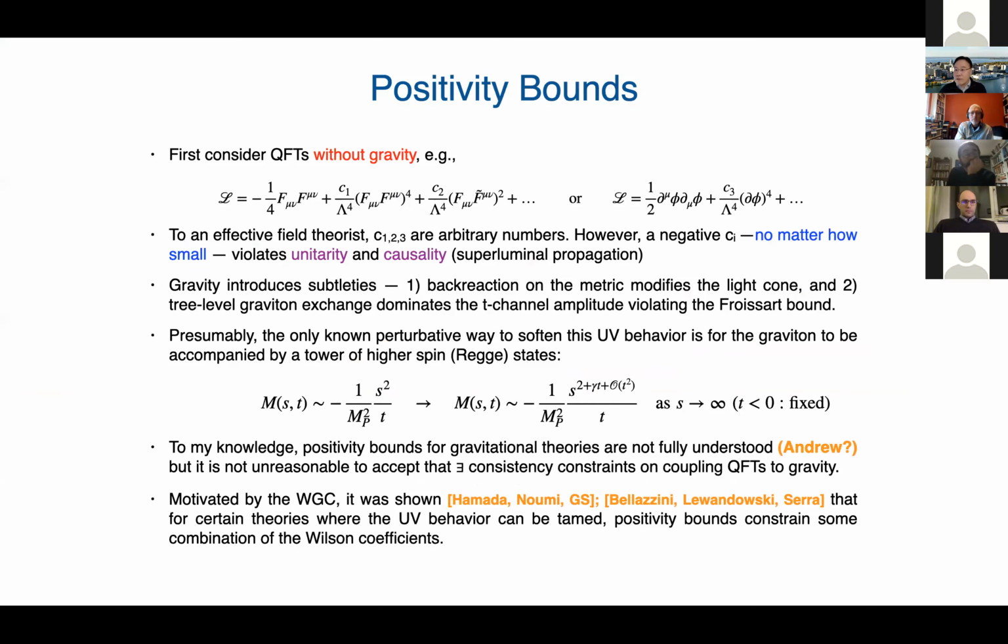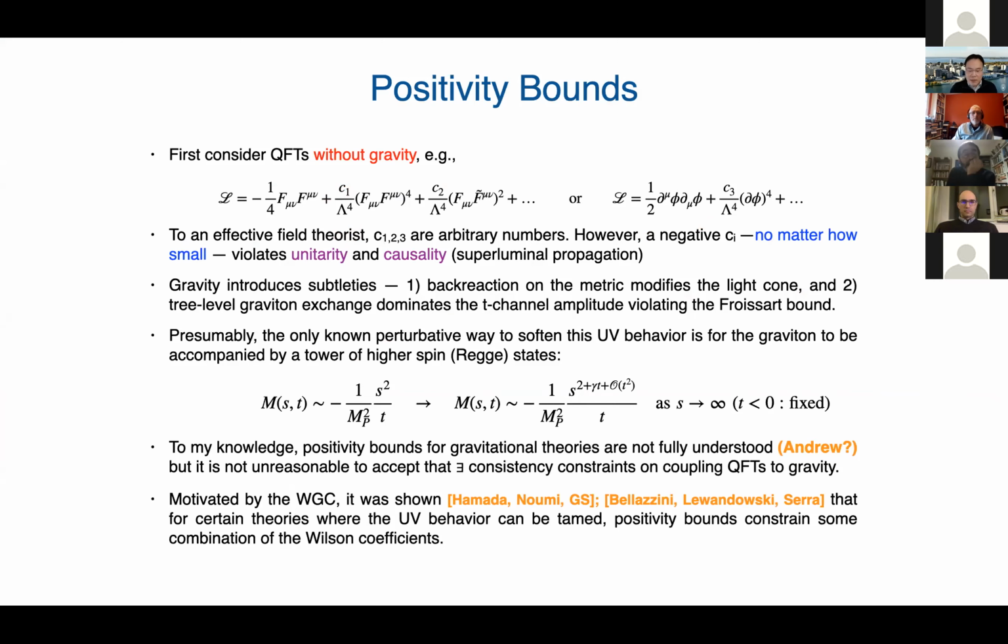So just to drive home the point that not all EFTs are good in the sense above, let's start with QFTs without gravity. This is our common denominator. I don't think there will be any disagreement. So for a U(1) gauge field or a scalar field with a shift symmetry, the leading interactions are irrelevant operators suppressed by some high energy scale Lambda.